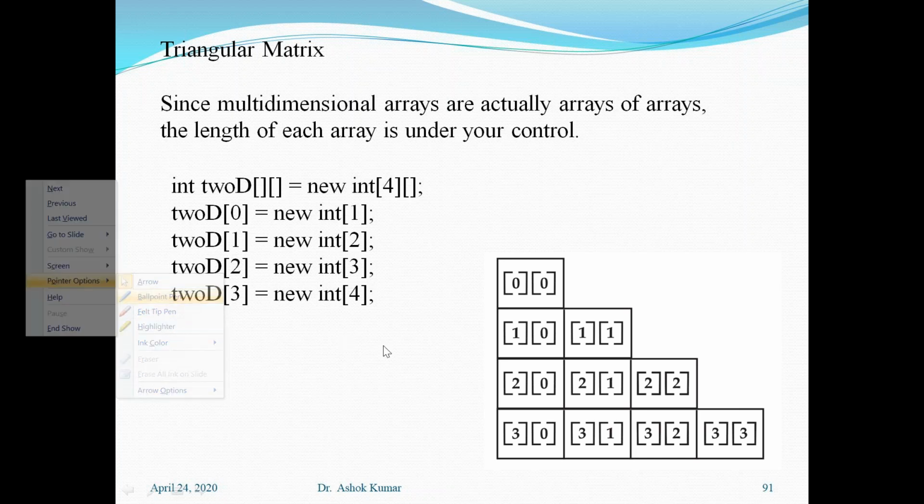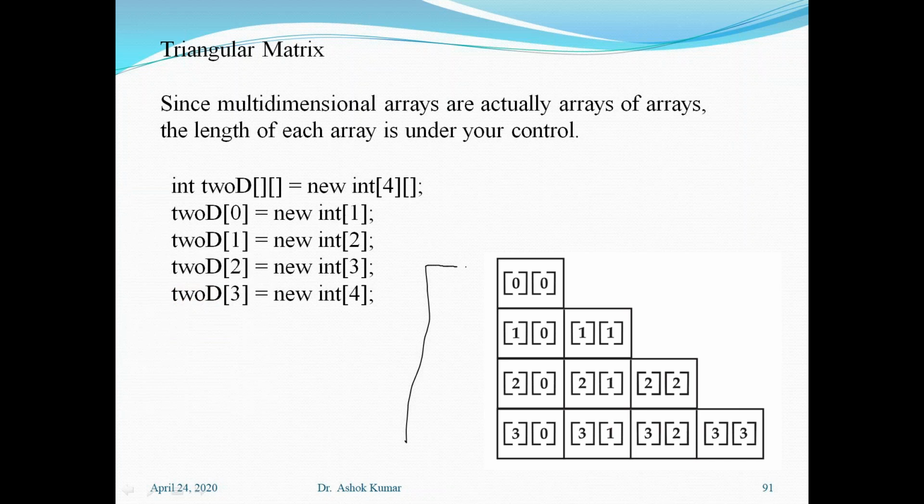This will look like this. This is a 1D array with size 4, and we are assigning the address or the reference, because addresses are not used in Java. So this will assign the reference of the first block to 2D0.